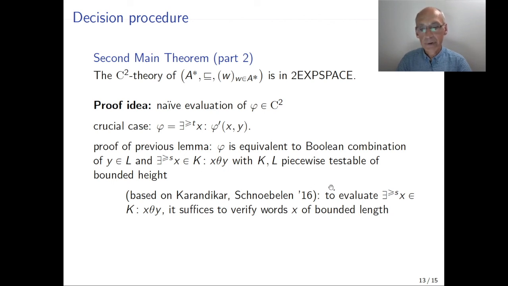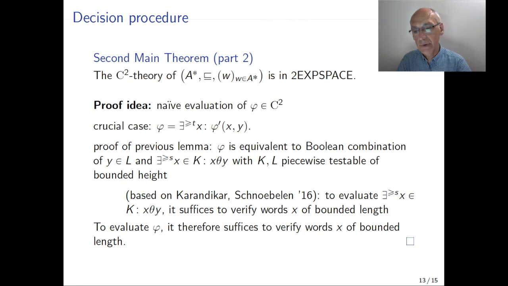And then we see that we do not need to look at each and every possible word x in K, but only at those of bounded length. And then the result is, in order to evaluate phi, in this case, it suffices to verify words x of bounded length. And if you formulate this out completely, or do all the calculations, then you will see that the words are bounded doubly exponentially.